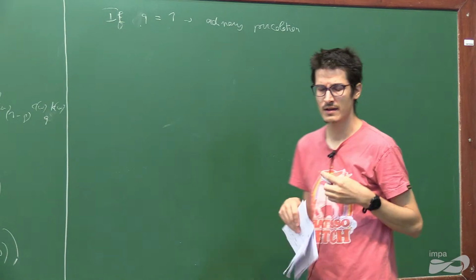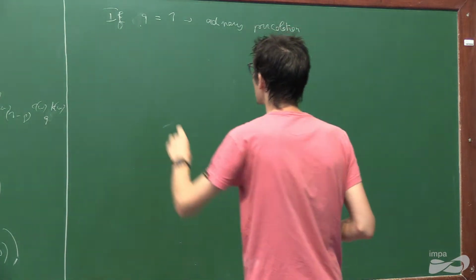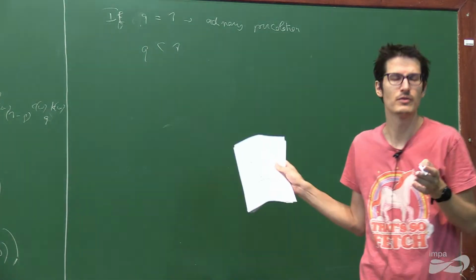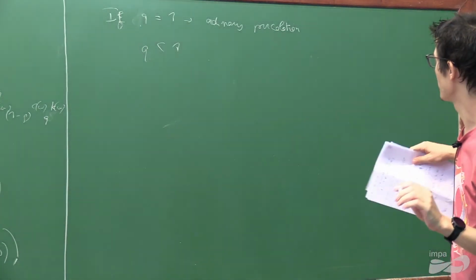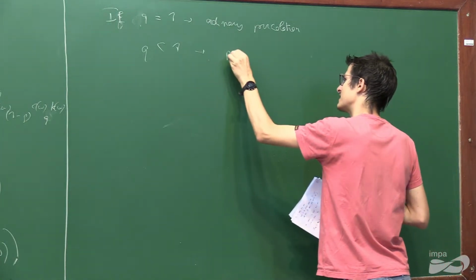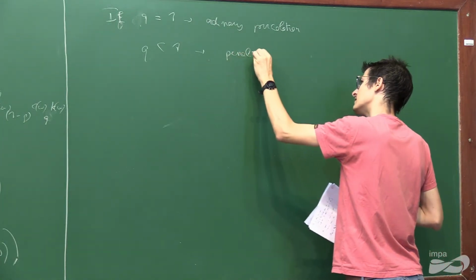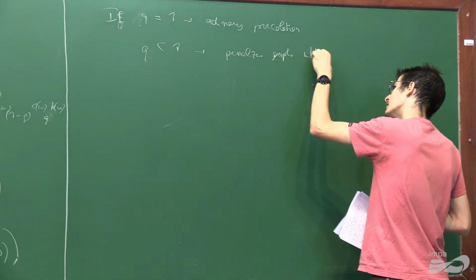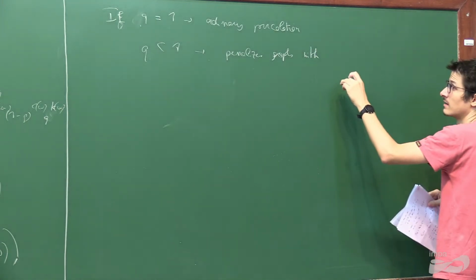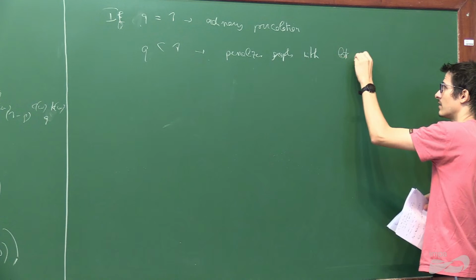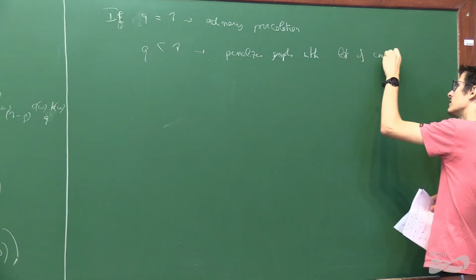If q is smaller than 1, and this is something we are not going to talk about very much, what you have is something that penalizes graphs with lots of connected components.